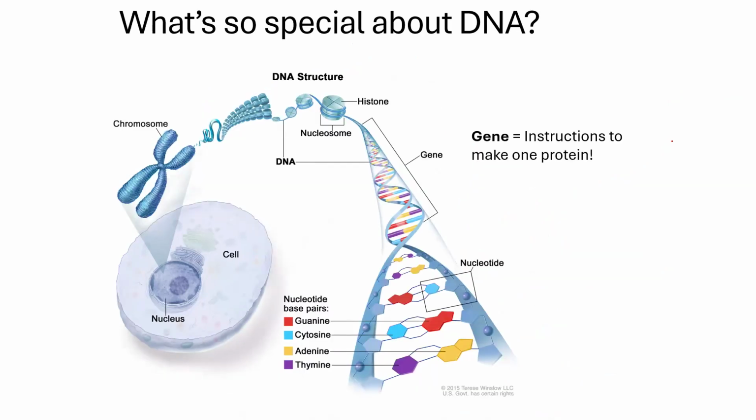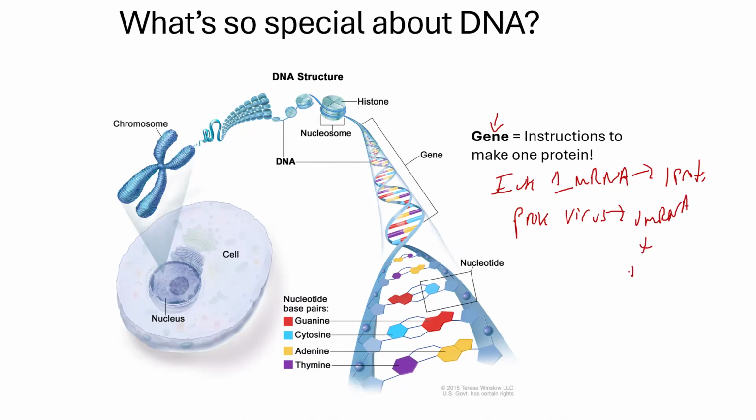So it's important to note that when we transcribe a gene, for eukaryotes, as we'll see later, one mRNA results in one protein. In prokaryotes and in viruses, one mRNA typically results in more than one protein.